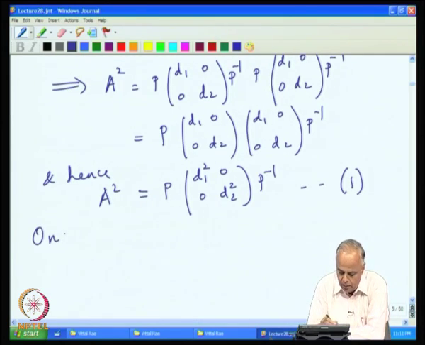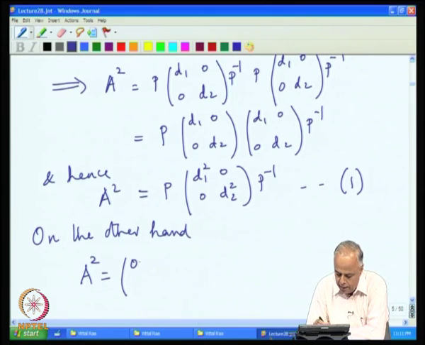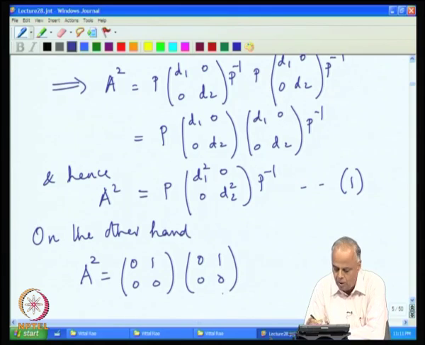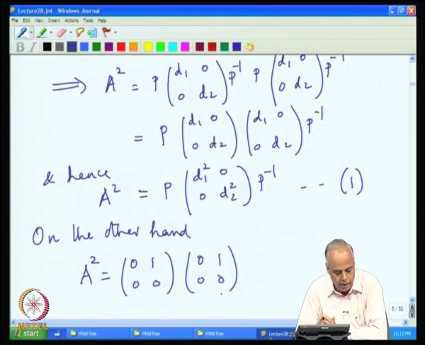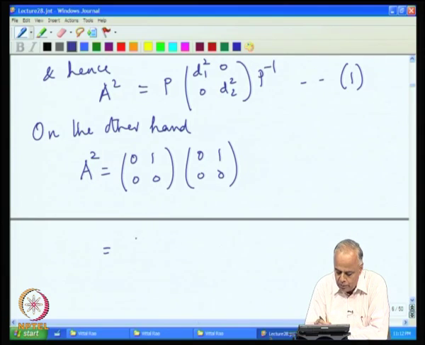On the other hand, we are given the matrix A, let us find what A squared is. A squared is A into A, this was the matrix A. When we multiply these two matrices, we get the 0 matrix.